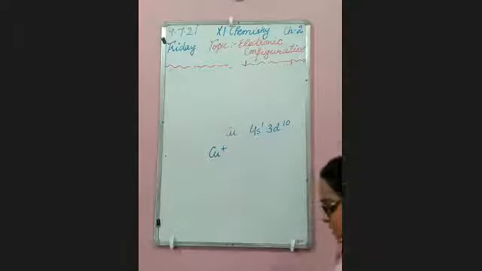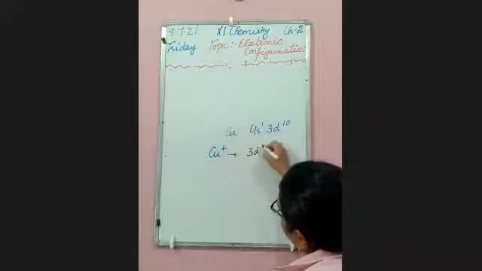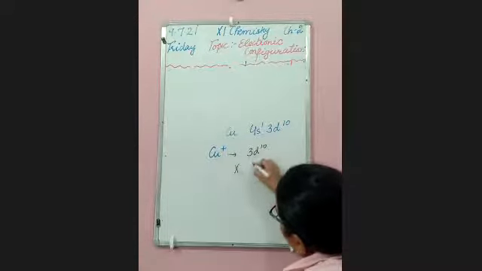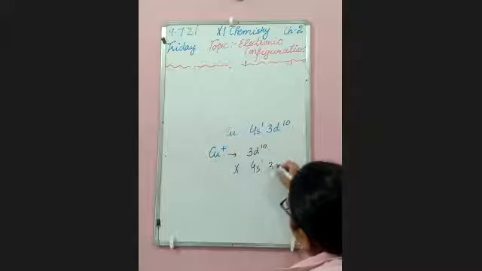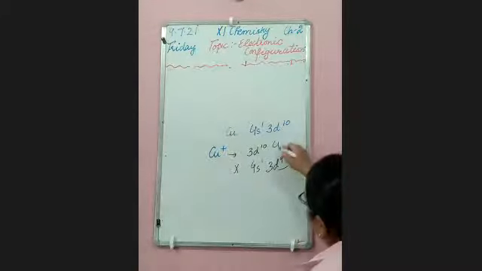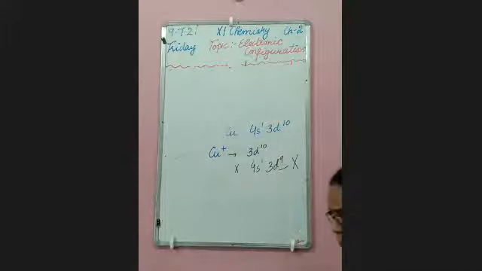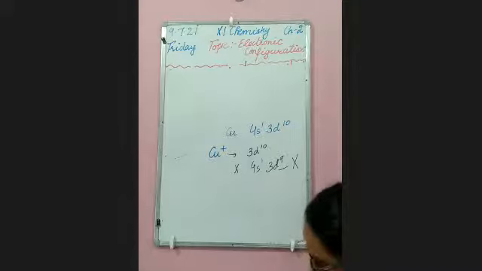Which means the configuration of copper plus is 3d10. Do not write 4s1, 3d9. This is wrong. Here 4s is 0, which means all the electrons will be removed from the 4s orbital.